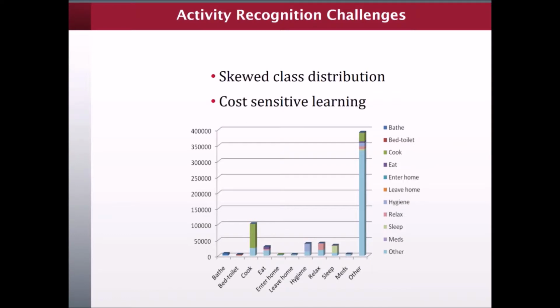There are a number of activity recognition challenges that need to be considered when performing activity recognition from mobile sensor data. One is the very likely situation in which you have a skewed distribution of data points among your available activity classes, either because people spend more time in one activity than others.